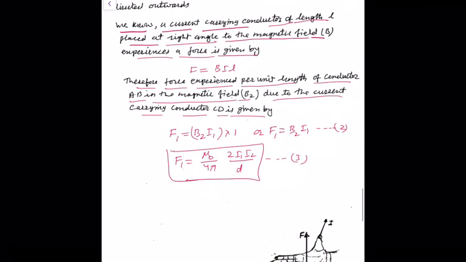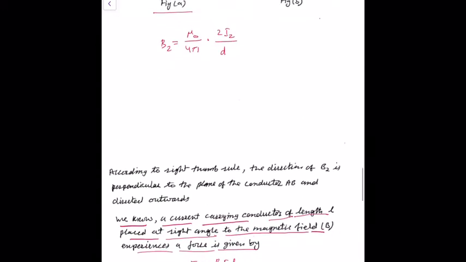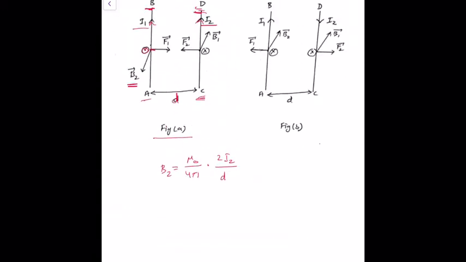According to Fleming's left hand rule or right hand palm rule, the direction of F1 lies in the plane of the conductor and is directed toward the conductor CD, that is towards right, as shown in the figure. Here is the direction of F1 toward CD.